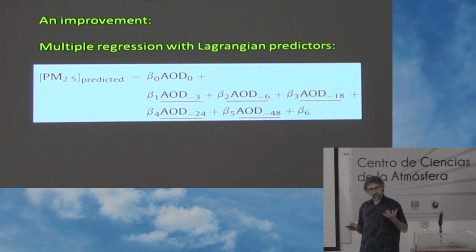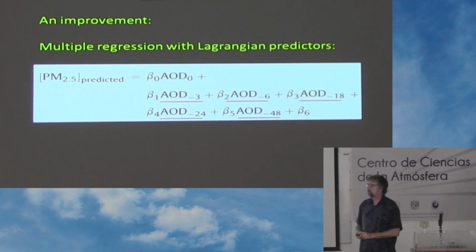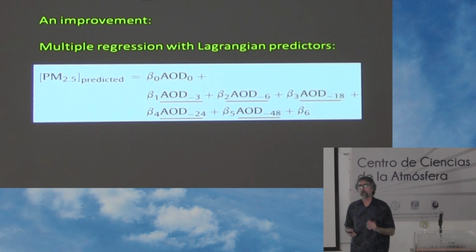Using a backward trajectory, you can determine where this air was 3 hours upwind. This is the aerosol optical depth at that location. And 6 hours upwind and 18 hours upwind, etc. So that's the improvement to the model that we proposed.